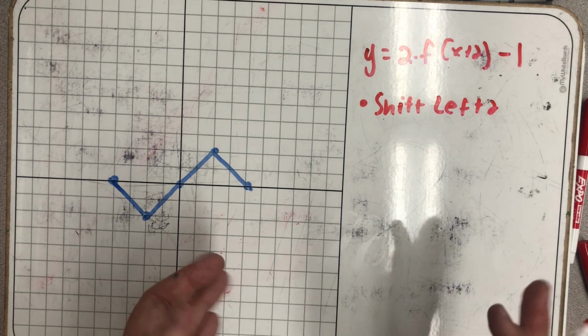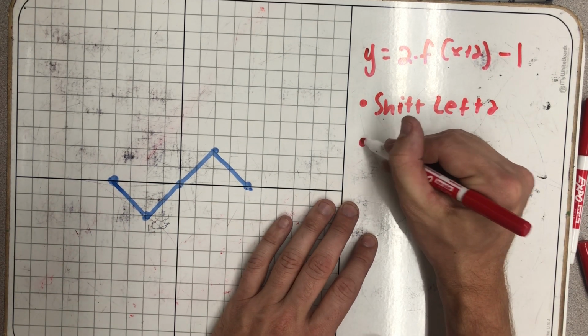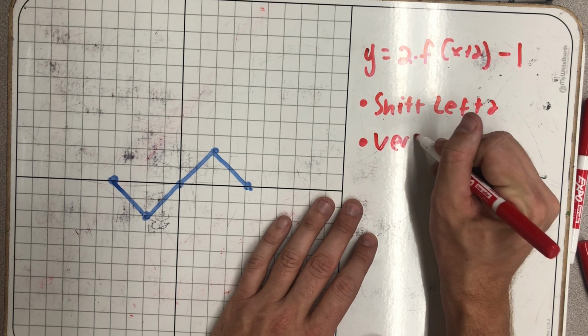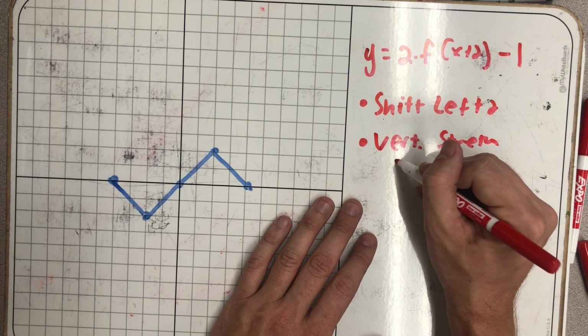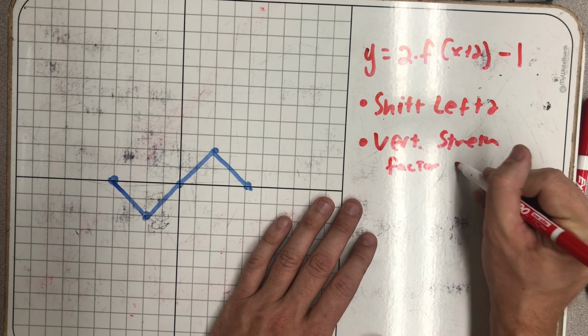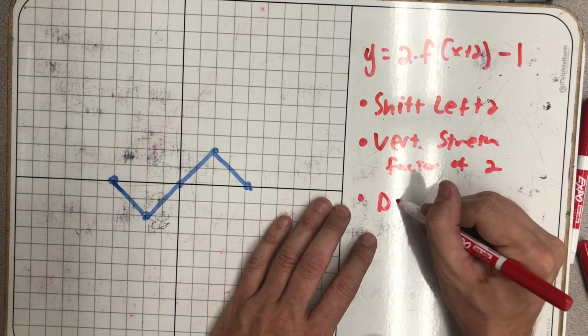If it was an x minus 2, I'd shift to the right. Got a times 2 out front. It's a vertical stretch by a factor of 2. And then that minus 1 tells me to shift everything down 1 unit.